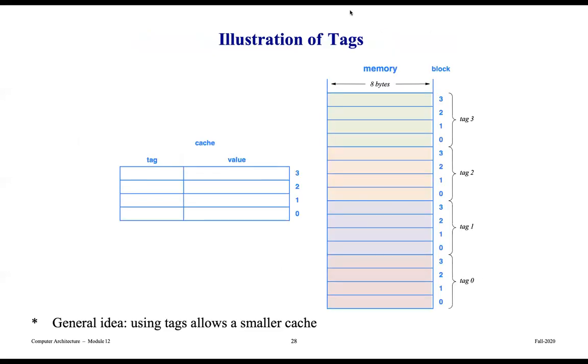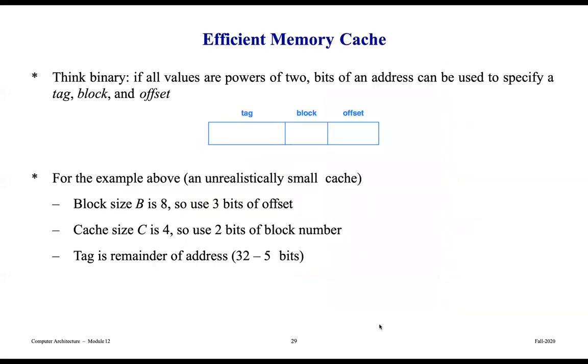Here's an illustration of tags. In the cache, here is an example of what we would pull out, and here we're showing examples of 4 different possible tags that we could be putting into cache. That gives you a construct to be thinking about.